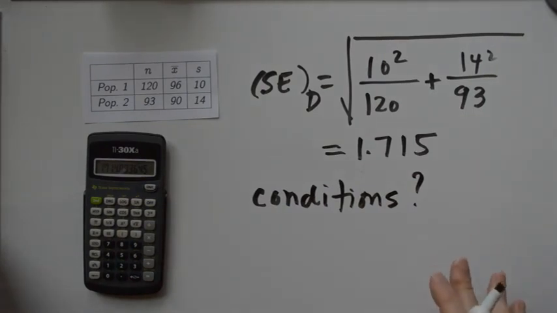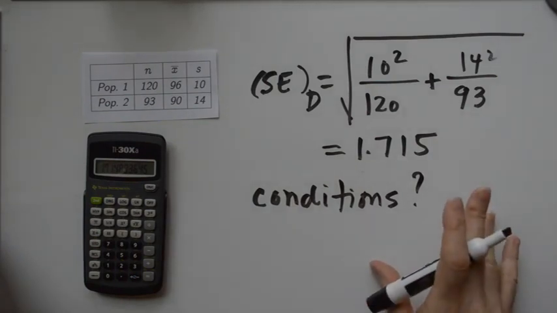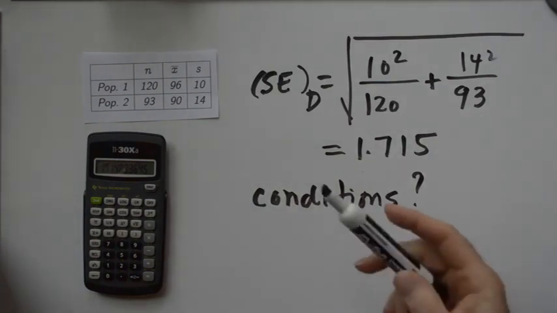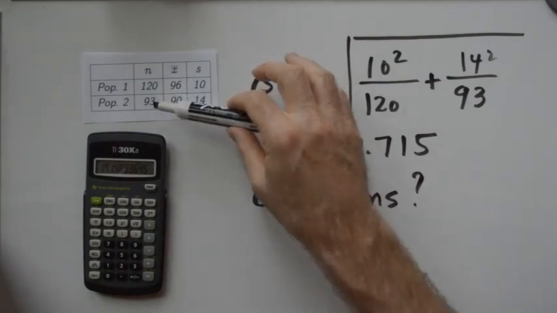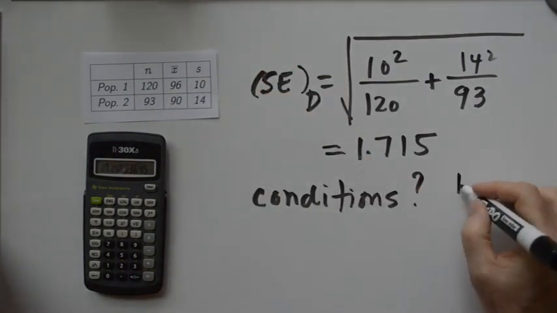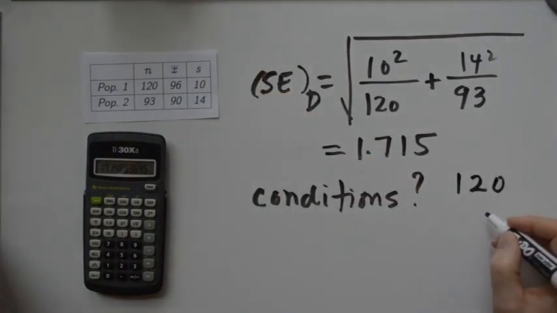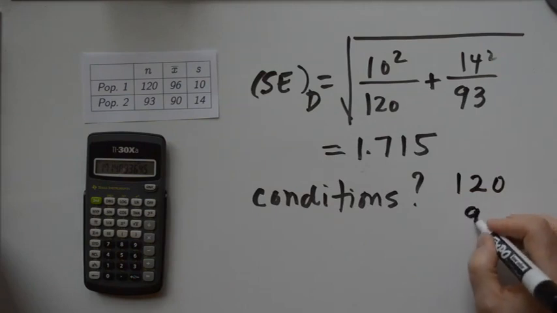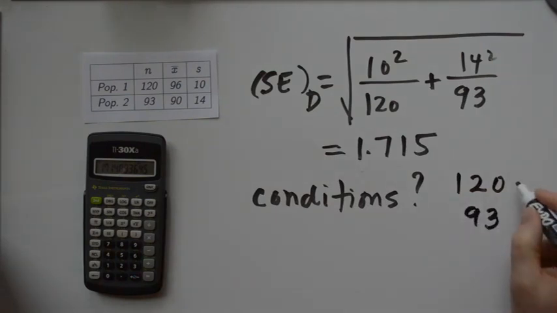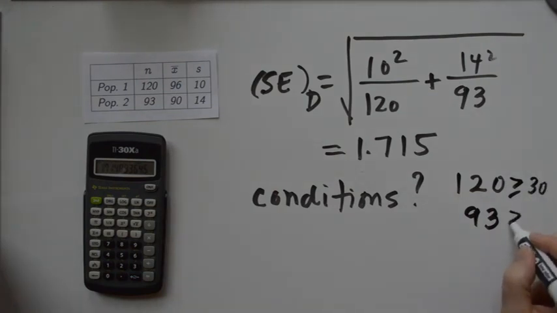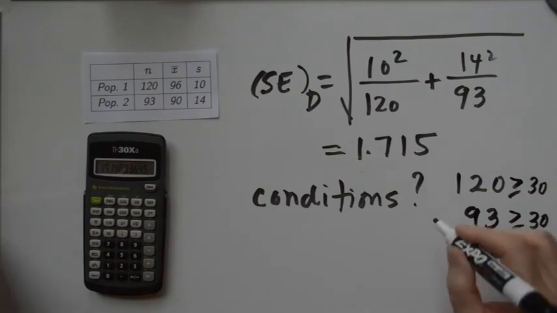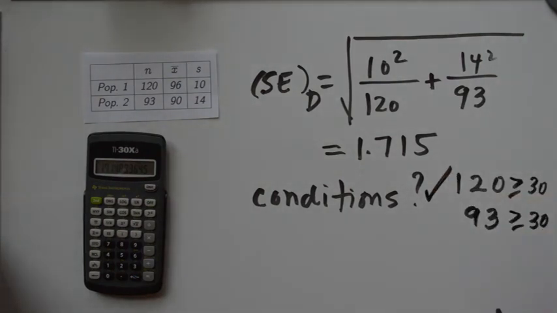Now remember, there's a couple of things that we would check. The first thing that's easy to check is we would just look at the sample sizes, and what we're seeing is the samples are of size 120 from population 1 and 93 from population 2, and those are both in excess of 30, which is the kind of cutoff. And so since both of those are bigger than 30, we would say yes, the conditions are satisfied.